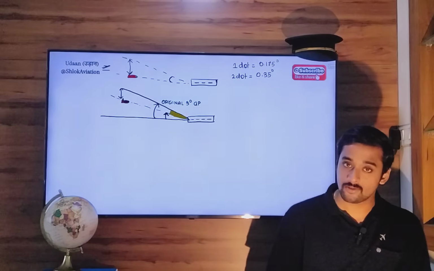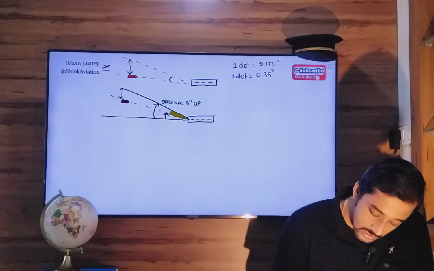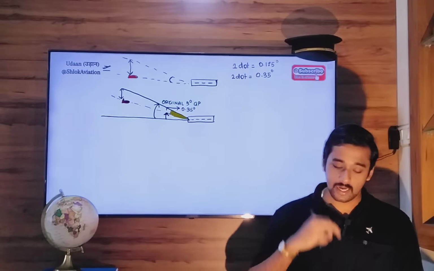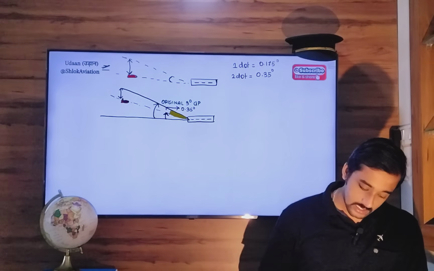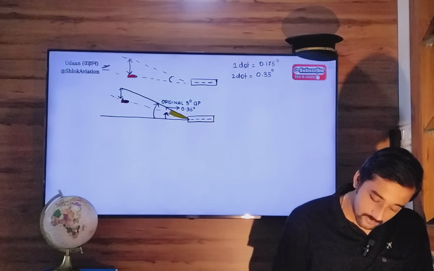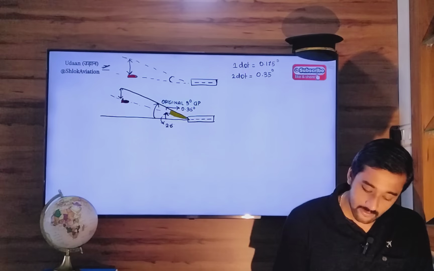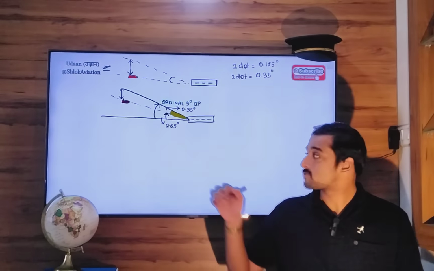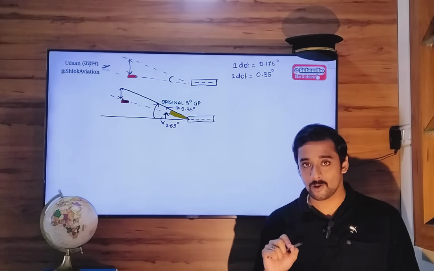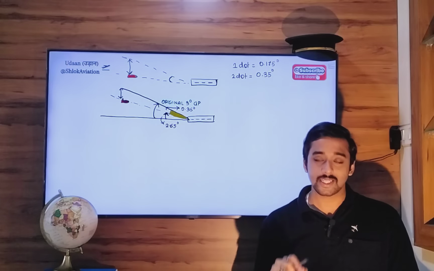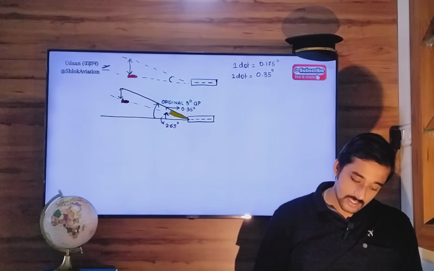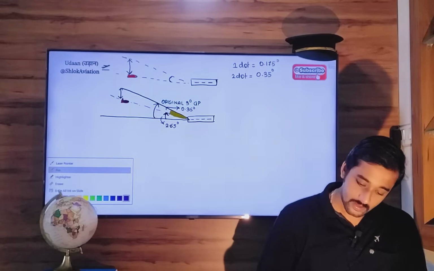That means aircraft is 0.35 degree below 3-degree glide path. So 3 minus 0.35 amounts to 2.65. So aircraft is 2.65 degrees above the ground surface. So that means aircraft is actually following a glide slope of 2.65 degrees instead of following a glide path of 3 degrees. So now we have a triangle here.